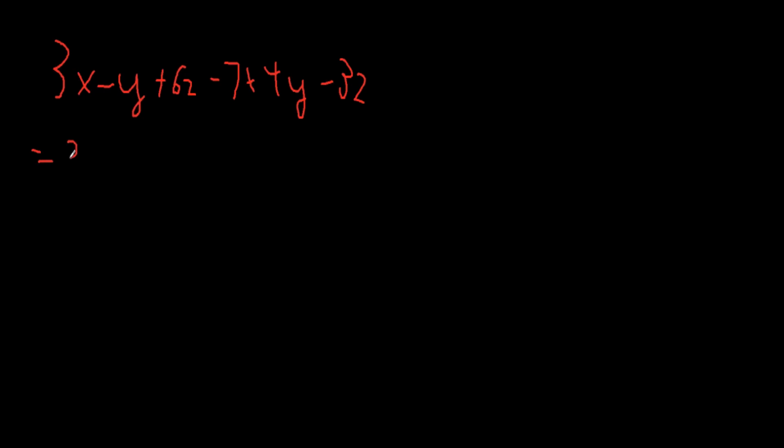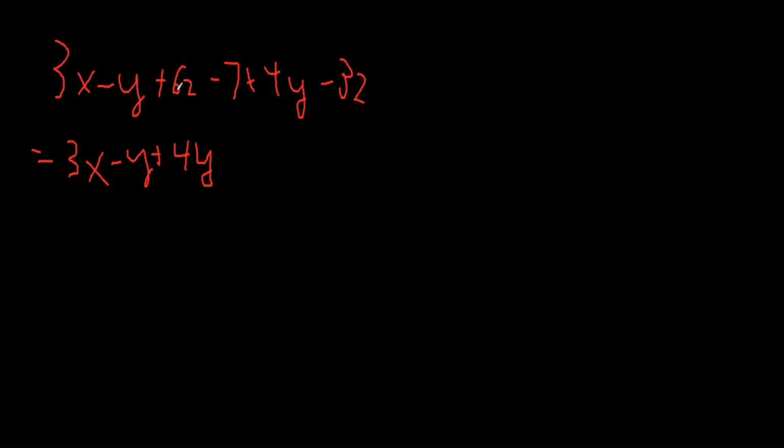So we just write 3x. Our next term is negative y, and this negative y has the same variable as 4y, and they're both raised to the 1, so we can write them out as like terms. So it's negative y plus 4y.